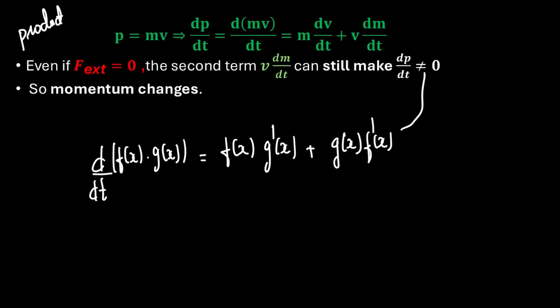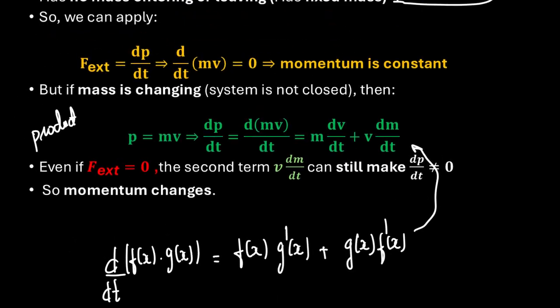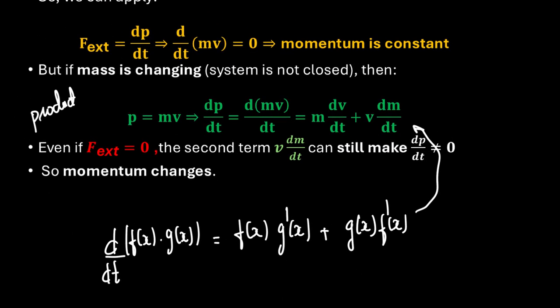So bringing this into the given equation, m is f of x, v is g of x. So d by dt of p is d by dt of mv, which is m into dv by dt plus v into dm by dt.